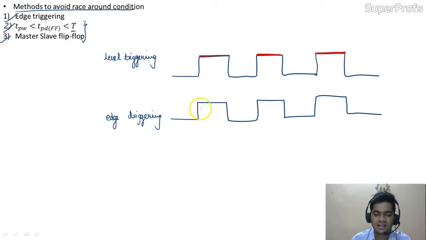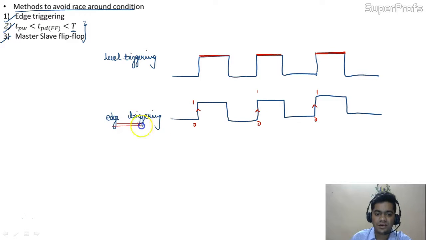But in edge triggering, if we are doing a positive edge triggering, that is where we are affecting the outputs, or giving the inputs at the edge, that is when the transition takes place from 0 to 1, like here 0 to 1, like here 0 to 1, we can see that there would be only one change at this point, and there would be no change in the rest of the clock pulse.